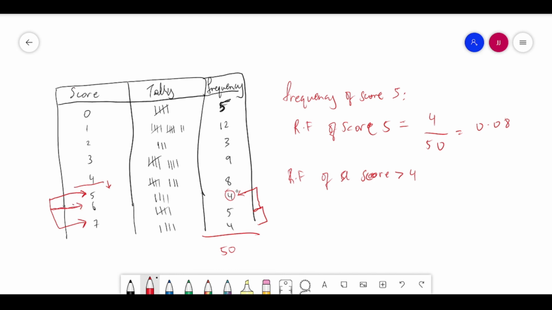And the frequency which it totals to will be 4, 5, and 4, which is 13. So using the formula, we will have 13 over 50, which is equal to 0.26. Of course, you can't put this as a percentage unless the question directly asks you for decimal or percentage. Do as the question says.